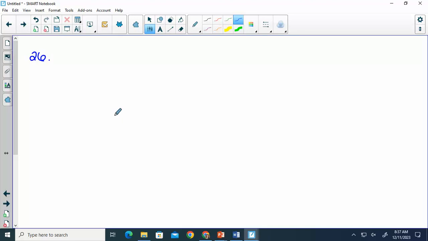The height of a baseball in feet after t seconds is given by this. So part A, what is S of 2.5? What is that asking us to do?